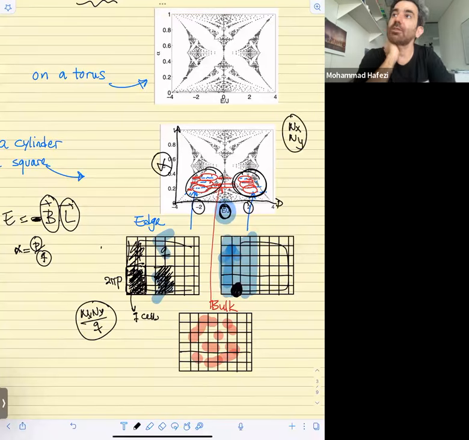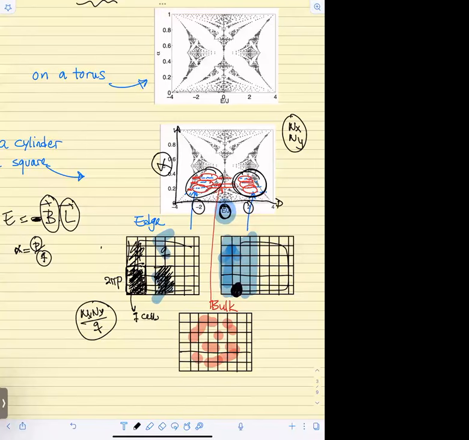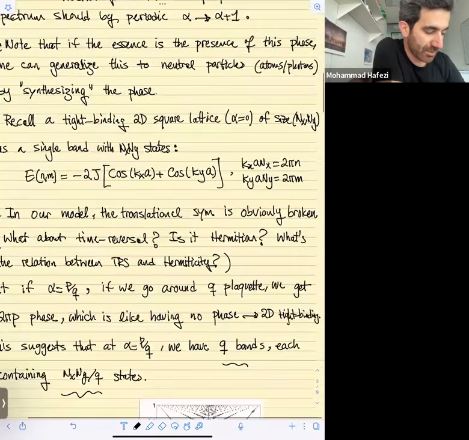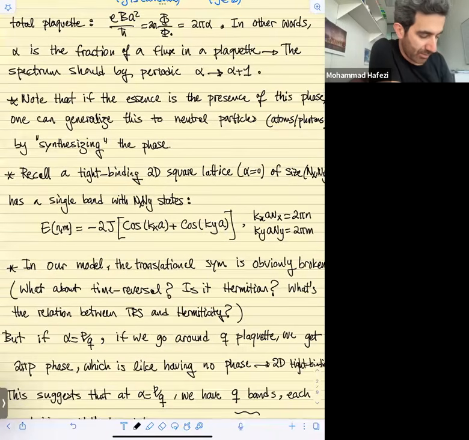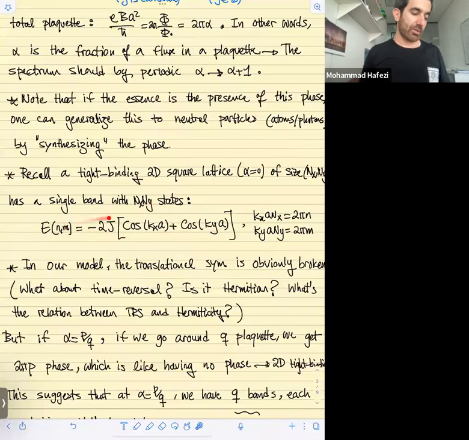The system size does not enter into my calculation. Similarly in a tight binding model with no magnetic field, if I just have a particle that hops on a system, there is no system size in it.